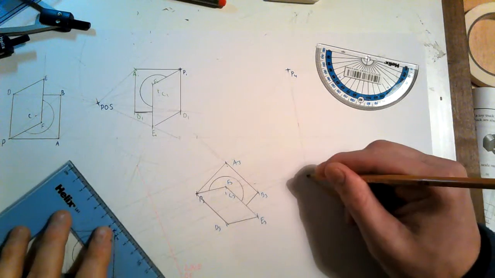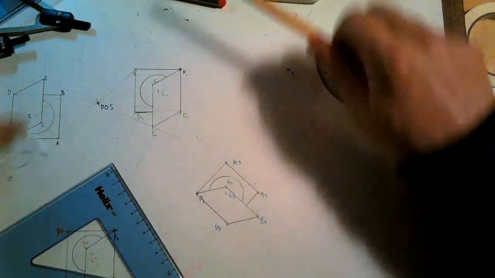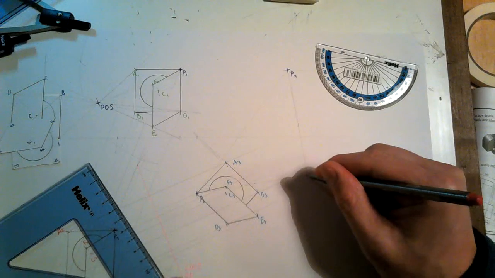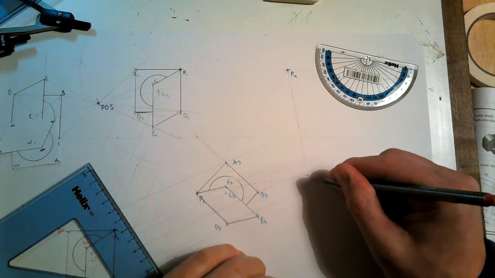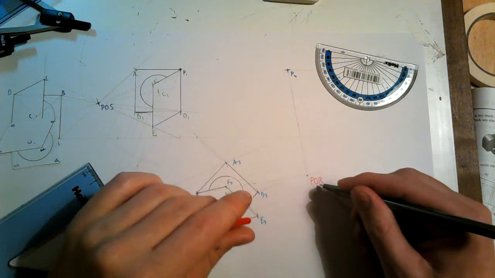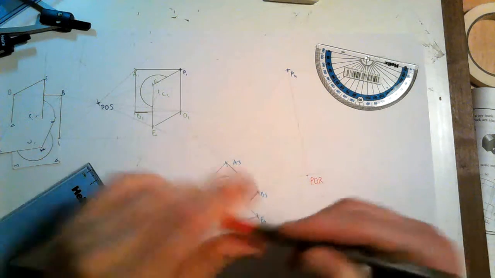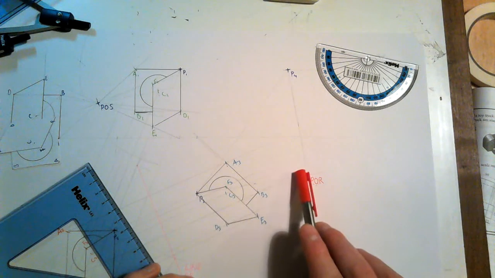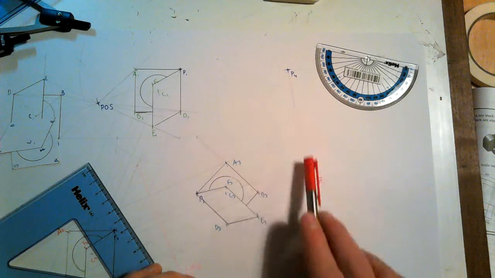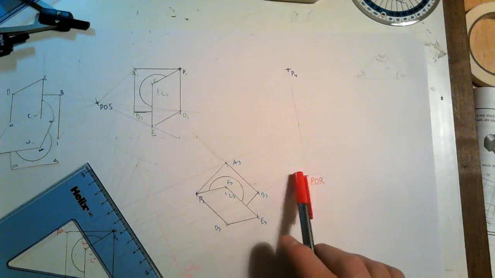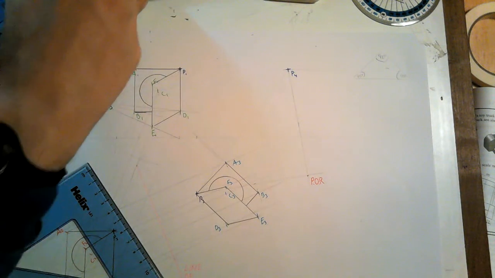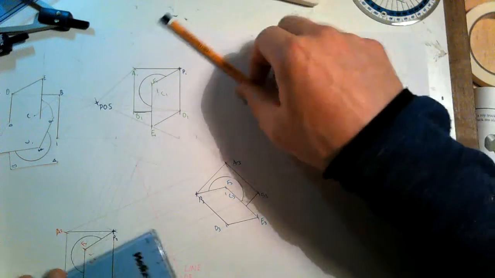Okay, so where they intersect is going to be my P-O-R, point of rotation. Okay, so all these points are going to hit my point of rotation and come off at 90 degrees, and get the distances. So I'm going to do that now.